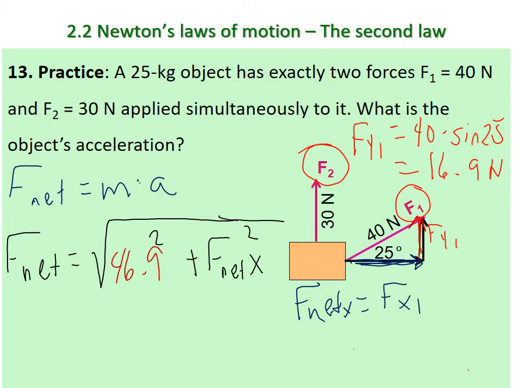So this is an adjacent side to this angle. So I'll do the hypotenuse, the 40 newtons, times cosine of 25 degrees. 40 cos 25 degrees gives me 36.25, I'll round up, 36.3 newtons horizontal.